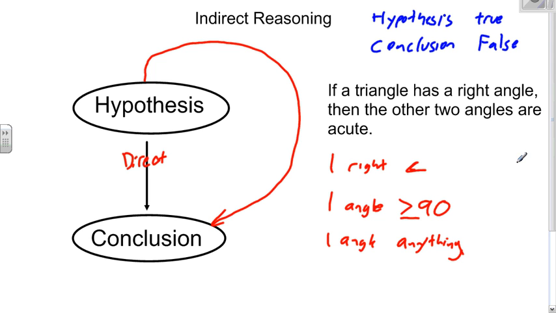But if that's the case, we have a 90-degree angle, something that's at least 90 degrees, and then an angle that has to be more than 0. It could be a fraction, but we'll say at least 1. If you add up all of those angles, we get 181 at least.